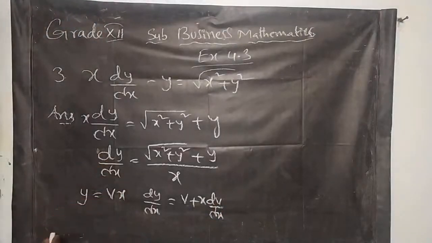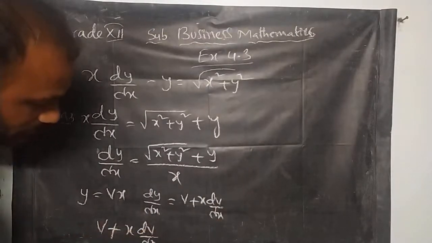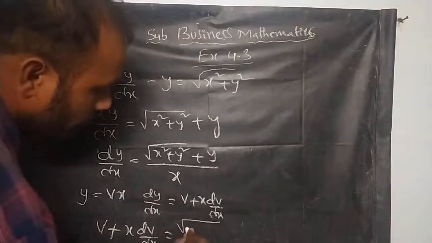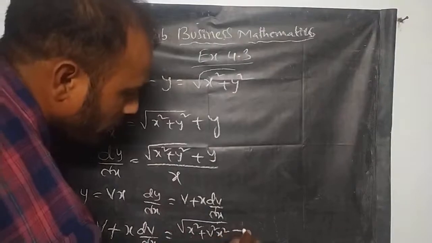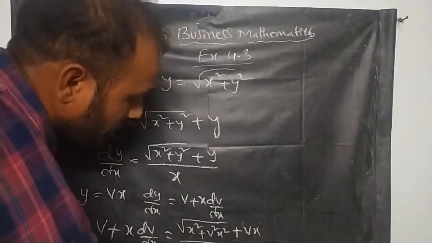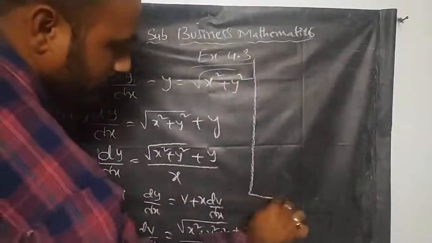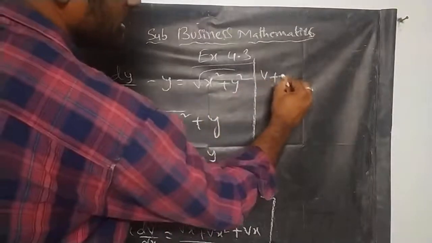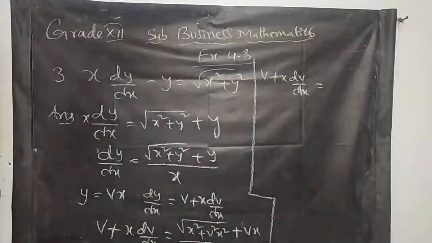If I substitute in place of this, it will become v plus x dv by dx is equals to root of x square plus v square x square plus vx divided by x.